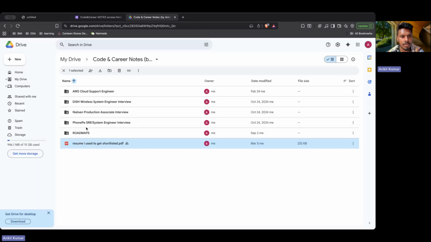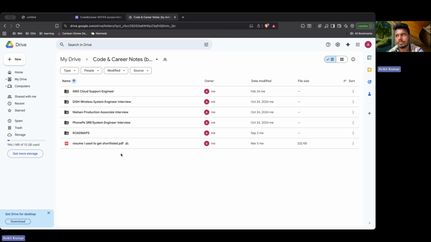And I was shortlisted in all of these: AWS, Dish, Nielsen, PhonePe, and many other companies were there. Out of which I got an offer from one, which is not there here. In AWS I went on till I completed all the rounds, but finally they didn't make me an offer.